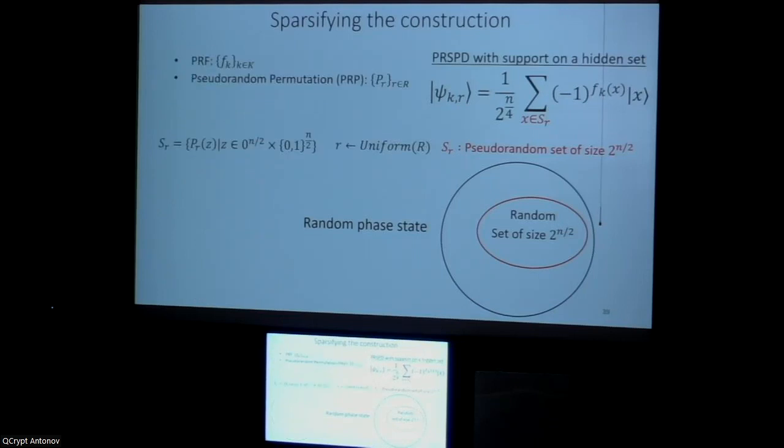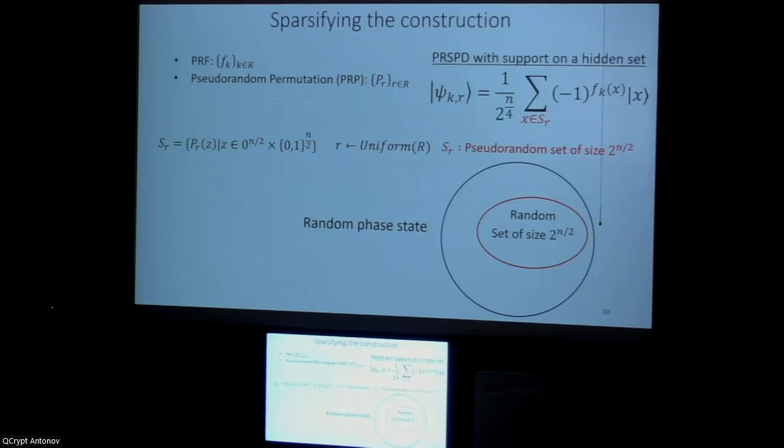So we start with this fixed set of all n-bit strings with this prefix, and then we apply a random permutation P_r, and we get some set S_r. Now, since this permutation was chosen uniformly at random from the PRP family, this set S_r must be pseudo-random.